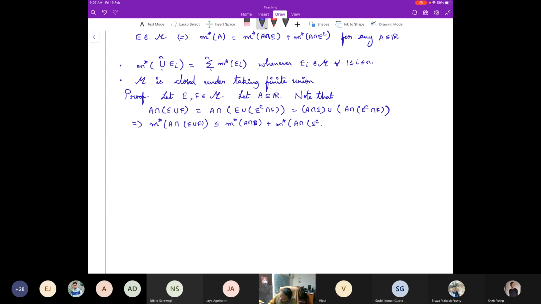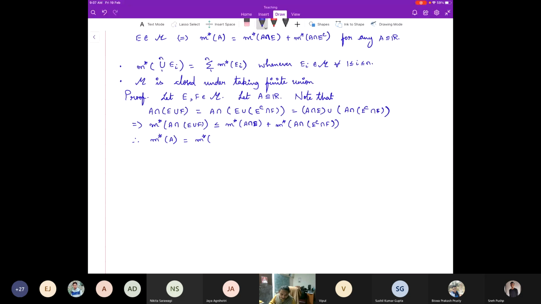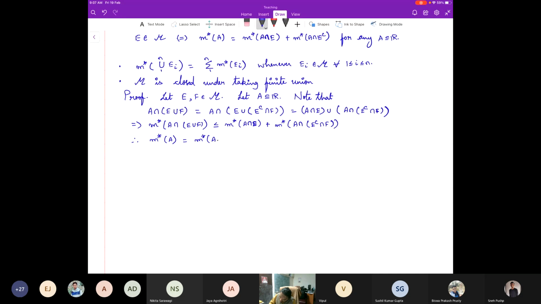And therefore M star of A, which is what we wanted, I can write, since E is measurable, as M star of A intersection with E plus M star of A intersection with E complement, because E belongs to M. Let me call this 1.